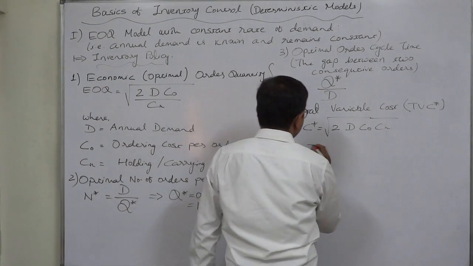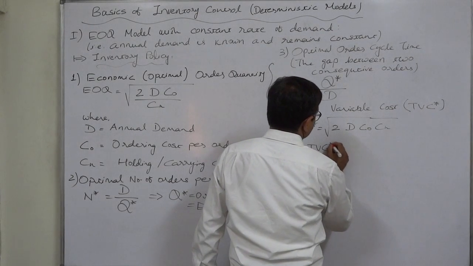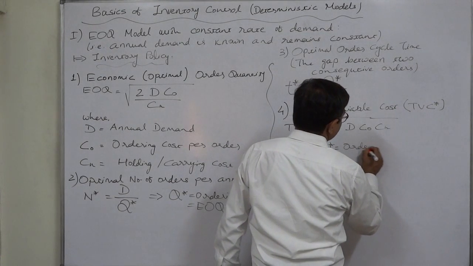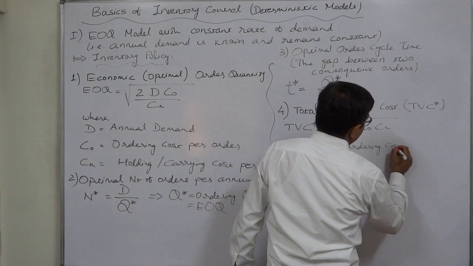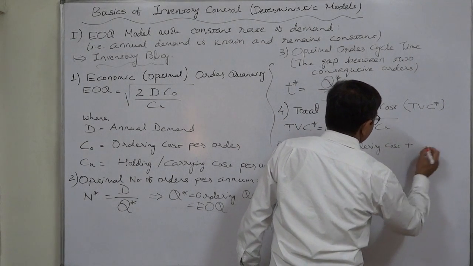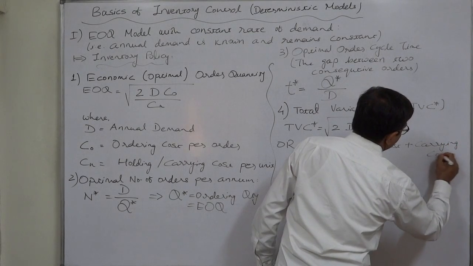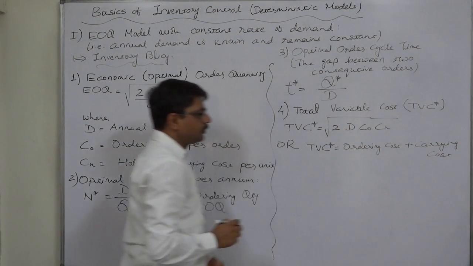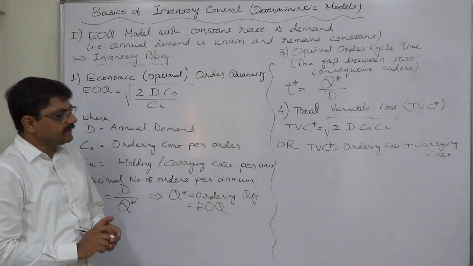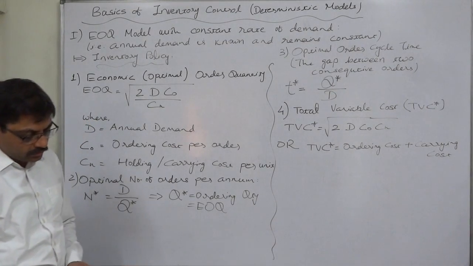That is TVC equals ordering cost plus carrying cost or holding cost. Now if we want to calculate TVC by this formula, what is the ordering cost?